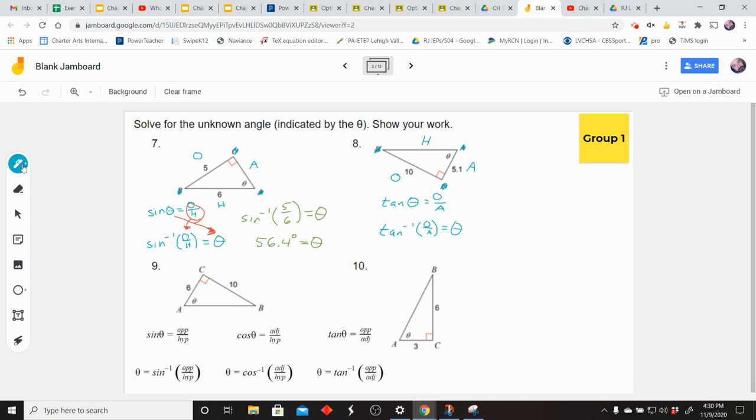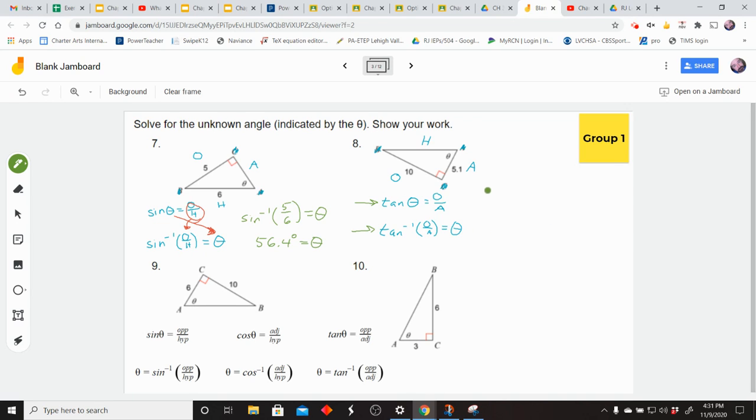So look at how this line here relates to this line here, and where things moved when I went from tangent to inverse tangent. The right side became what is called the argument of inverse tangent, and the theta over here now became the right side. So that's what we've got.